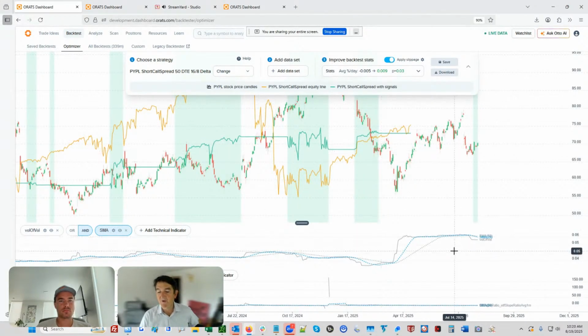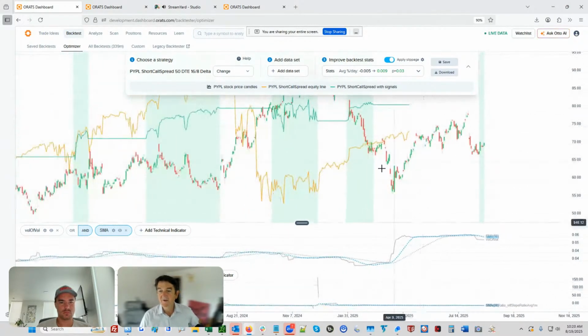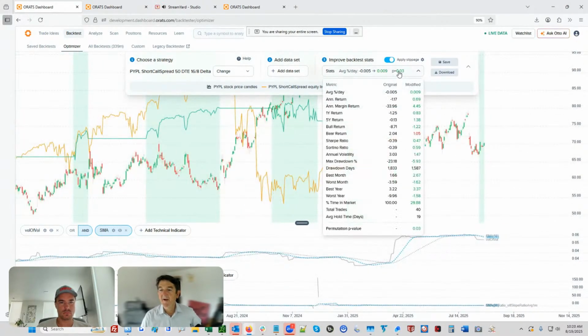So the slope is going to affect it. So I'm happy using this one. And so now we have a lower p-value of 3. We have a positive expected return, 0.009. It's very low because, let's face it, the market's been rallying. So it's often hard to find a good short call spread to add to your portfolio.